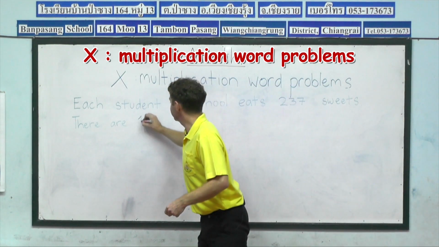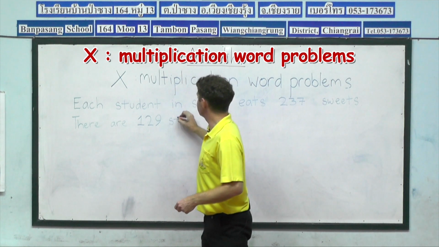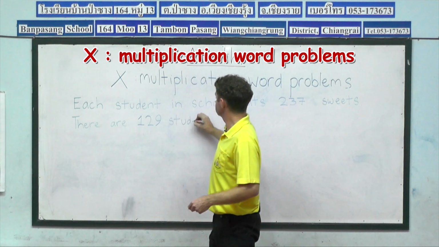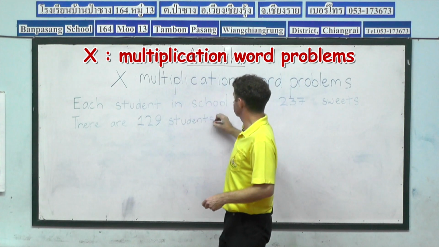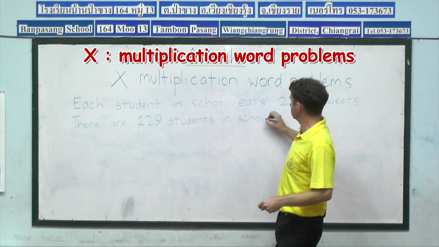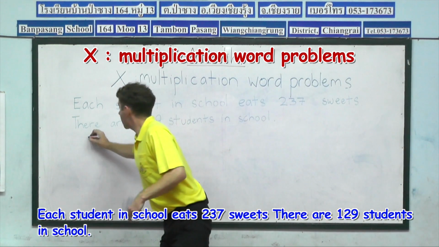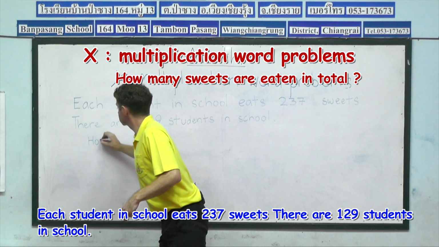Okay. There are 129 students in school. So, our question, how many sweets?